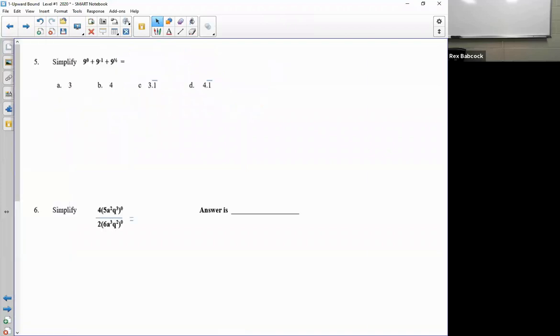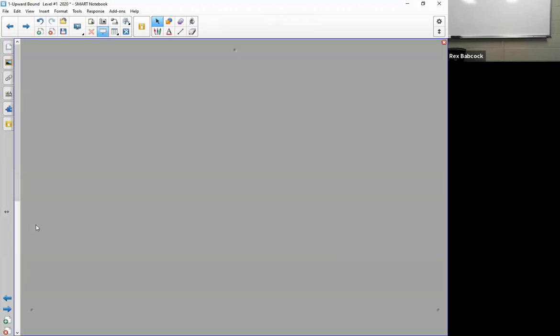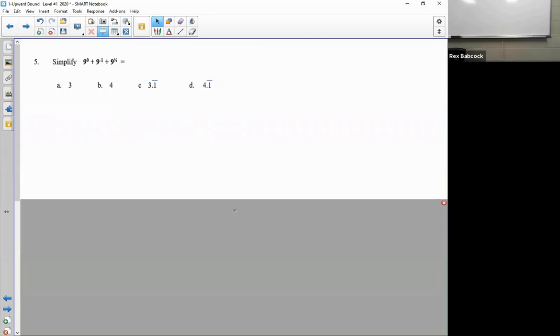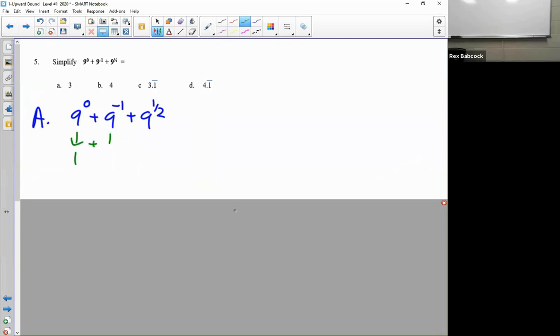Let's go to the next sheet. Simplify, okay? Here's how I do this step by step. I do A first. 9 to the 0 plus 9 to the negative 1 plus 9 to the 1/2. 9 to the 0 is 1, plus 9 to the minus 1 is 1/9.